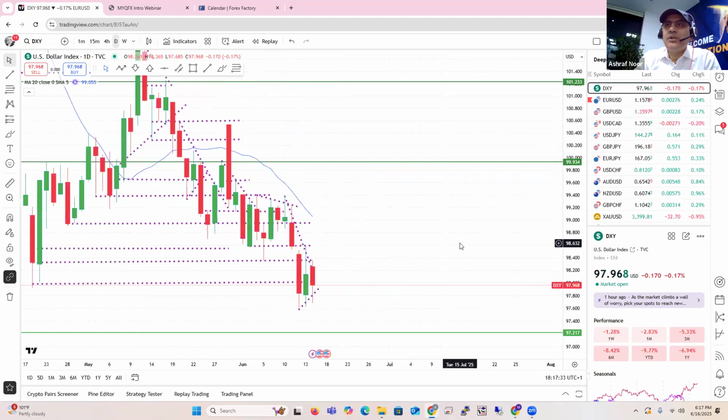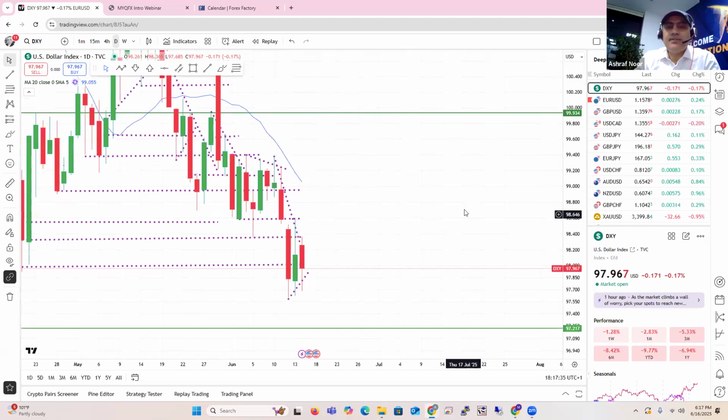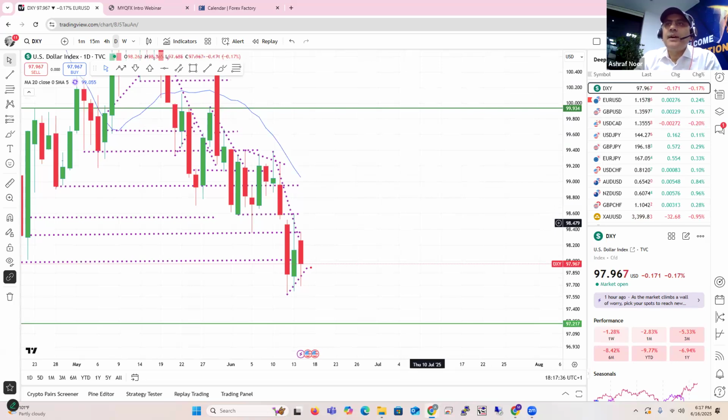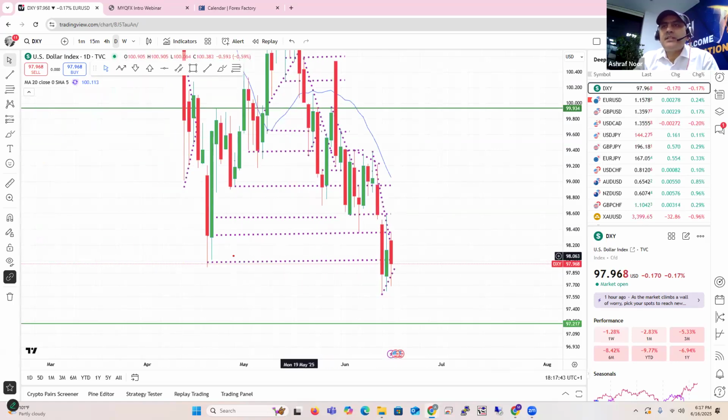So if you look at the dollar, this is the daily candlestick pattern from last week. What I can see here is this is the low, this is the support area. I was expecting the price to break and give us confirmation for continuation.